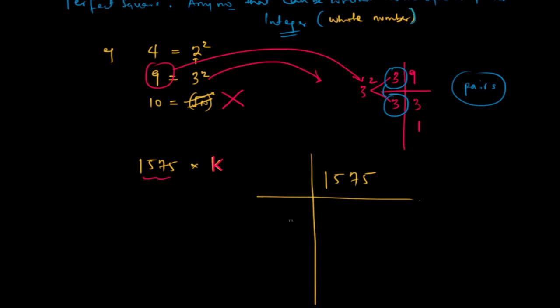When you go through the long division, that's to find the prime factors of 1575.